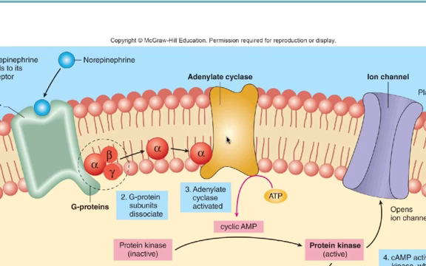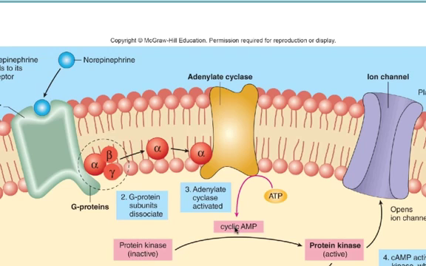You must know the action of this enzyme: it breaks down ATP and creates cyclic AMP. Now cyclic AMP is a second messenger. Cyclic AMP activates a protein kinase inside the cell. This protein kinase is inactive.